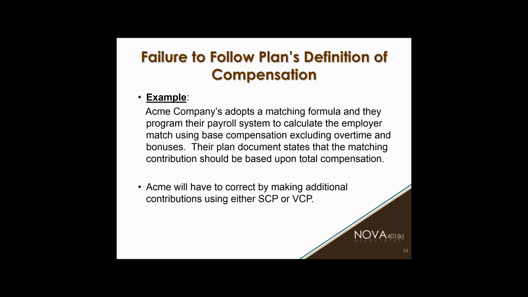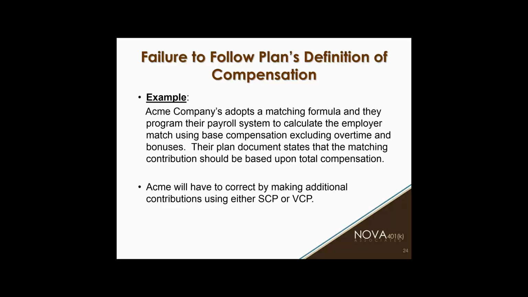So here's just a little example. If we've got a company that adopts a matching formula and their payroll system is set to calculate the match using base pay, which excludes overtime and bonuses, but their document is indicating that it's based on total gross pay, you've got a problem. What's going to happen here is we, NOVA, would have to do some calculation that bases the contributions on what the document says, and to the extent that you've underpaid people, then the company's going to have to cough up the difference plus earnings.